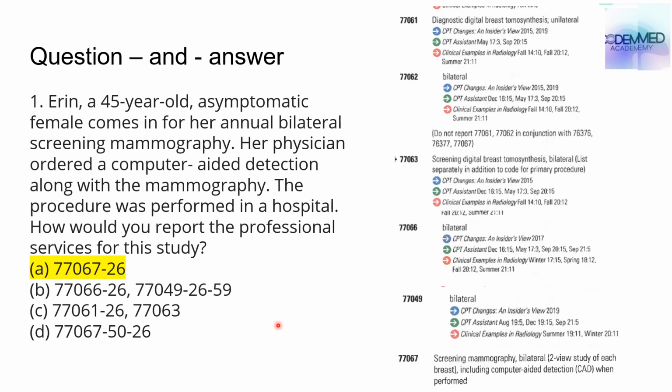So how will we decide the code? Whether it is a screening or diagnostic, and what is the mode of mammography? Is it X-ray, tomosynthesis, or MRI? And in our case, it is the X-ray mammography, and that's why 77067 is the right answer, and it's bilateral, so there is no need to put a modifier 50.